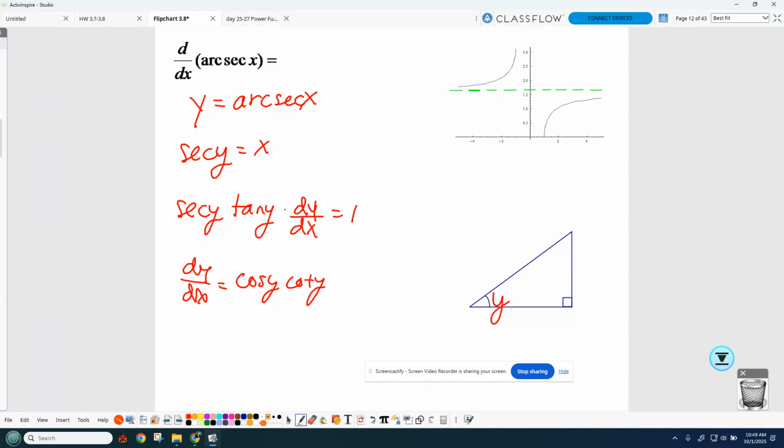How do I label the triangle? Ms. Milo, how do I label the triangle if secant of y is x? Opposite, adjacent, hypotenuse, who do we know? Adjacent and hypotenuse. Is adjacent x or is adjacent 1? Adjacent is 1.